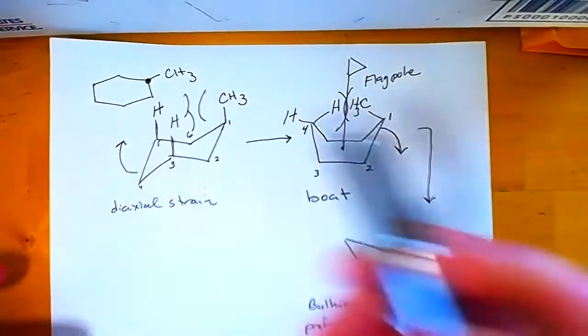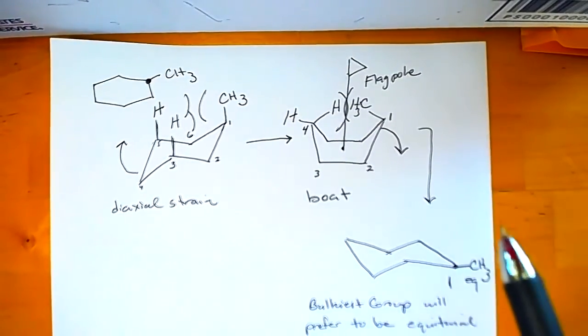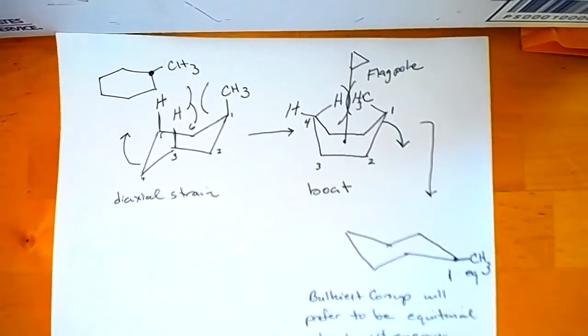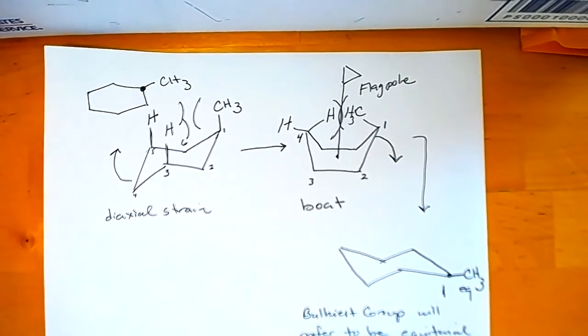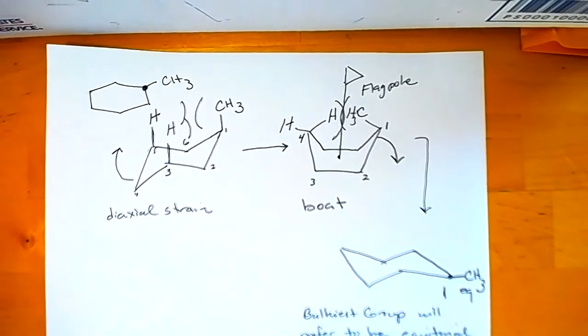You don't have this diaxial interaction that you were seeing a moment ago. And this should feel very familiar to you coming right off of the discussion about acyclic systems and looking at those types of conformers.